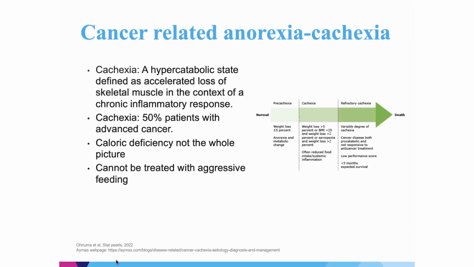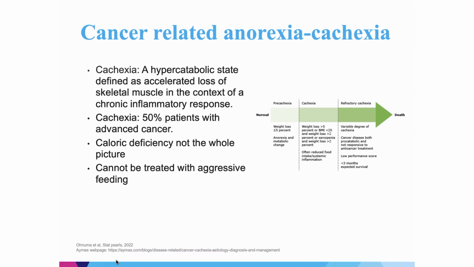Cachexia then is a little bit different to anorexia because cachexia is basically this hypercatabolic state, which is defined not only by weight loss, but also accelerated loss of skeletal muscle and this chronic inflammatory syndrome. It can affect up to 50% of patients with advanced cancer. But in this case, it's not just the fact you're not meeting your calorie needs.